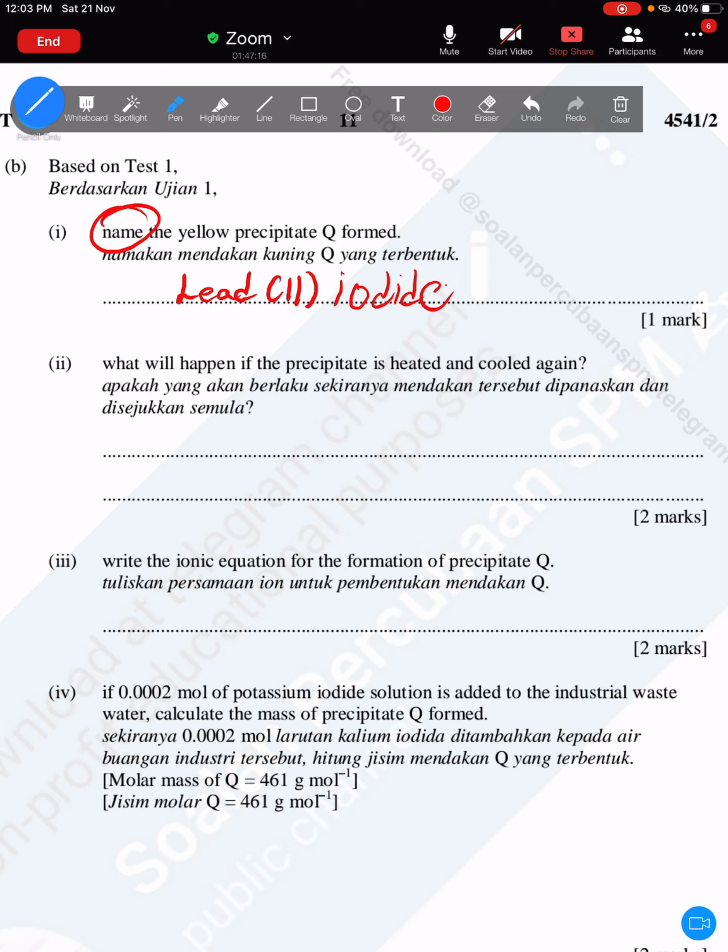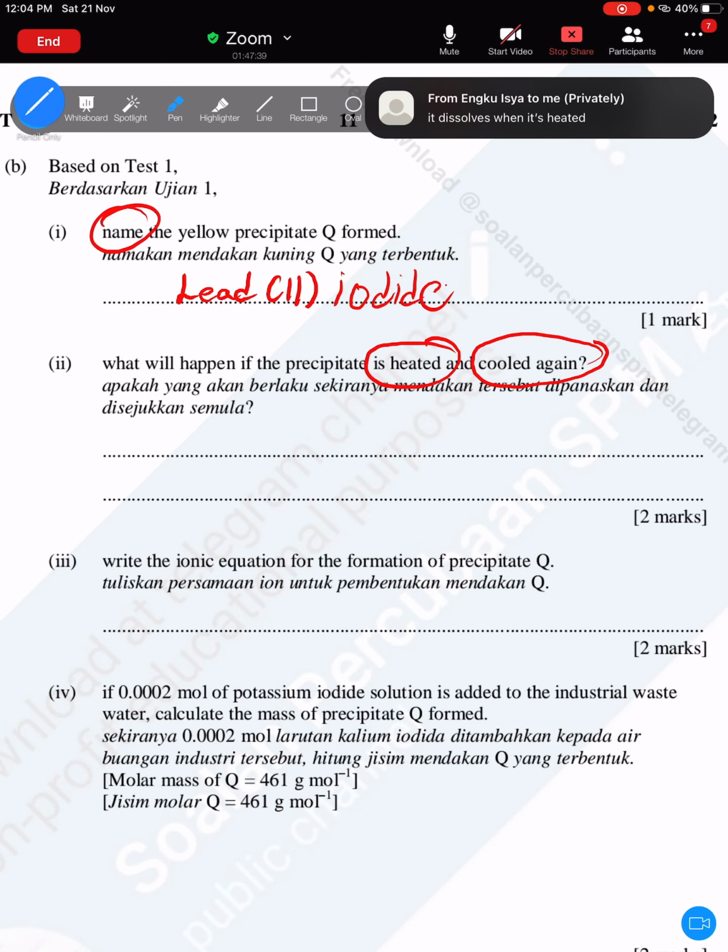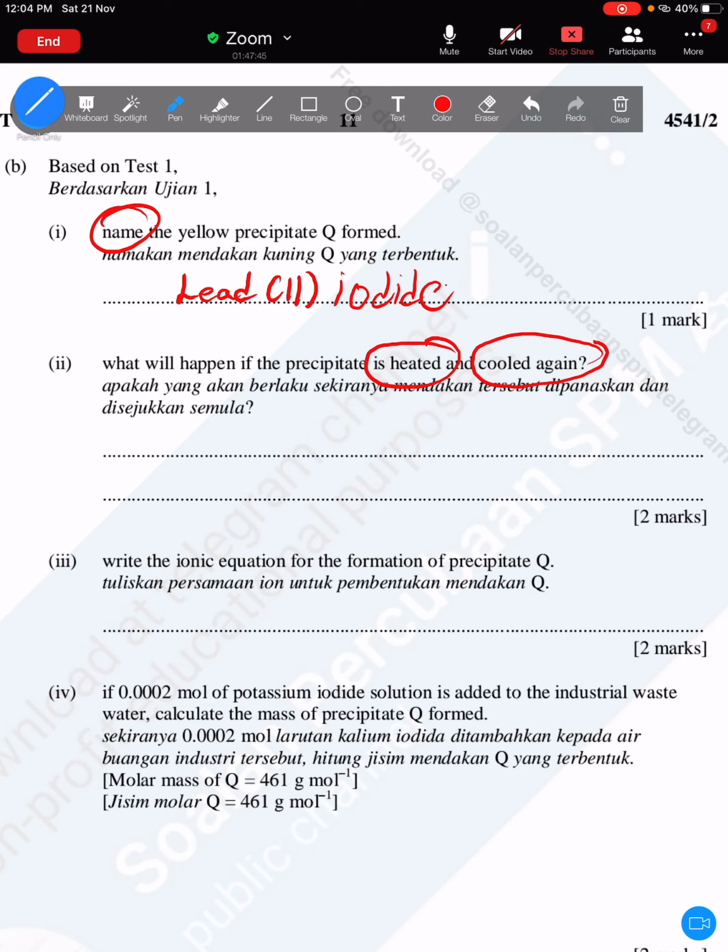Okay, what will happen if the precipitate is heated and cooled again? This is a bit tough one. Any idea? No, no. It's a 2 marks question.